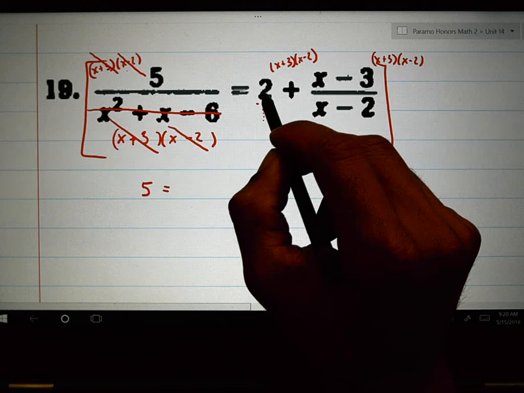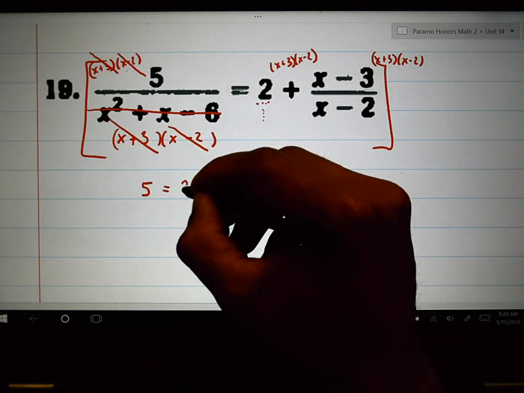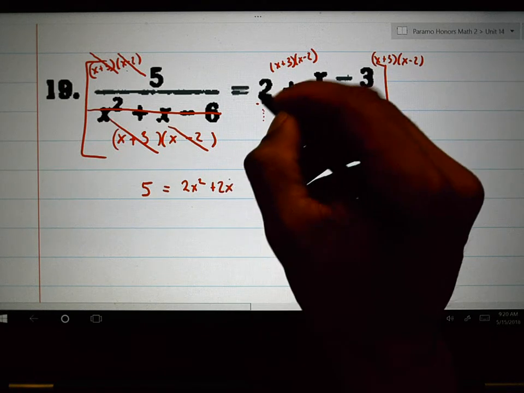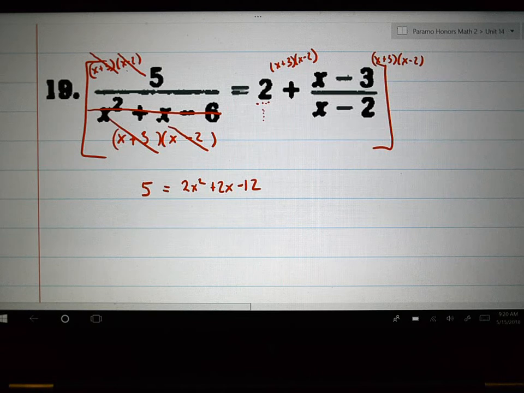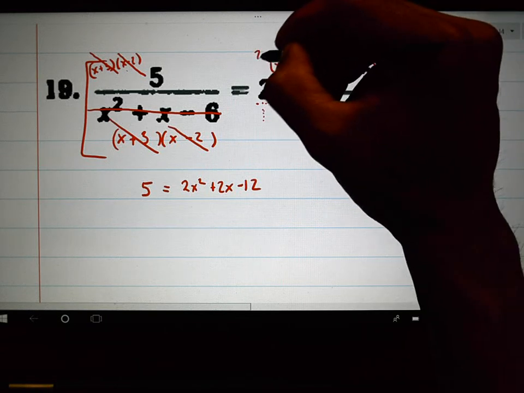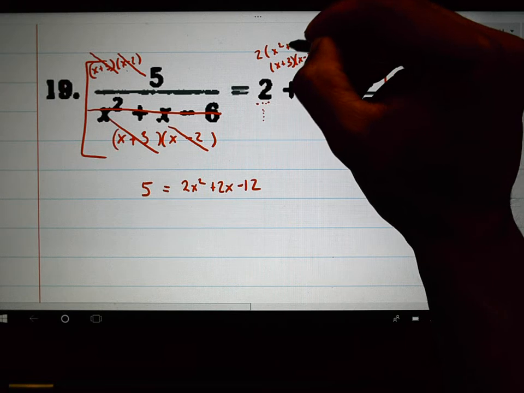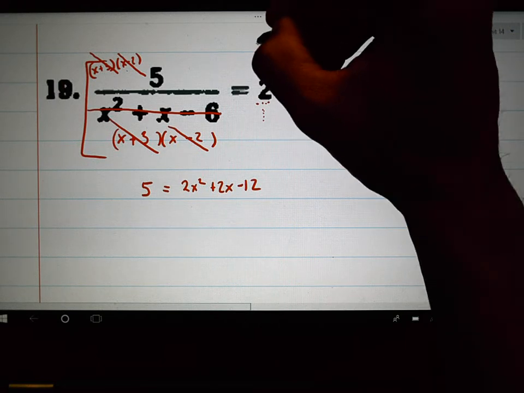So what I'm going to do is this part in my head. I'm going to just say 2 times that is 2x squared. 2 times that is plus 2x. 2 times the negative 6 is negative 12. What I am doing is I'm taking the 2, and I already know what that is because I factored it earlier, and I'm just doing this part in my head.